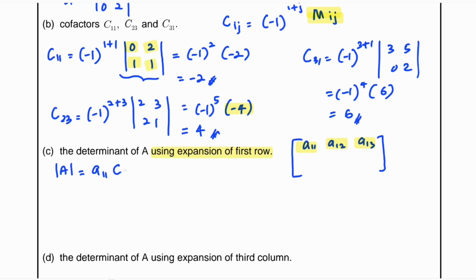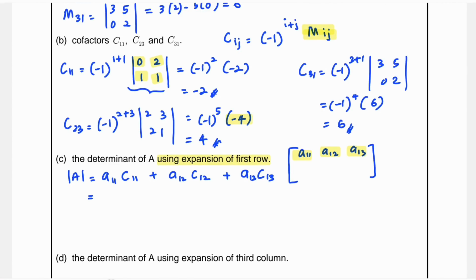So A11 multiplied with C11, plus A12 multiplied with C12, plus A13 multiplied with C13. Then we continue by substituting the correct values.